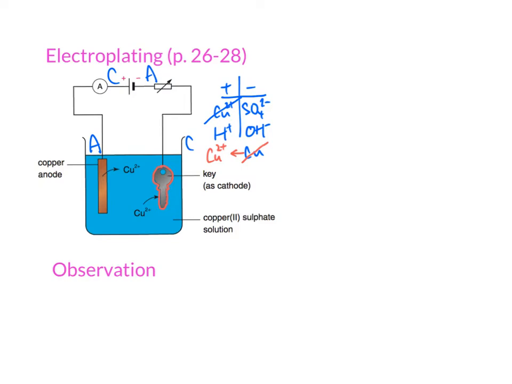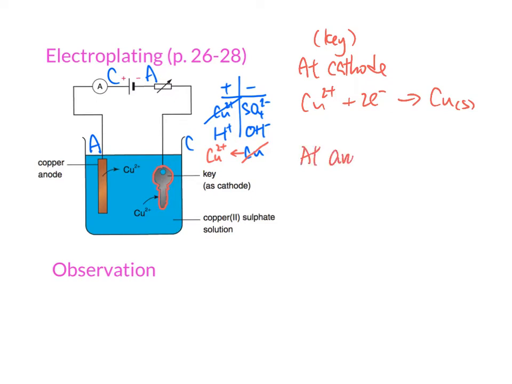So from here, we can find that at the cathode, which is the key, the Cu2+ will receive electrons and become Cu. That's why the key will have a copper metal coat on the surface. While at the other side, the anode, the Cu will release electrons and become Cu2+.